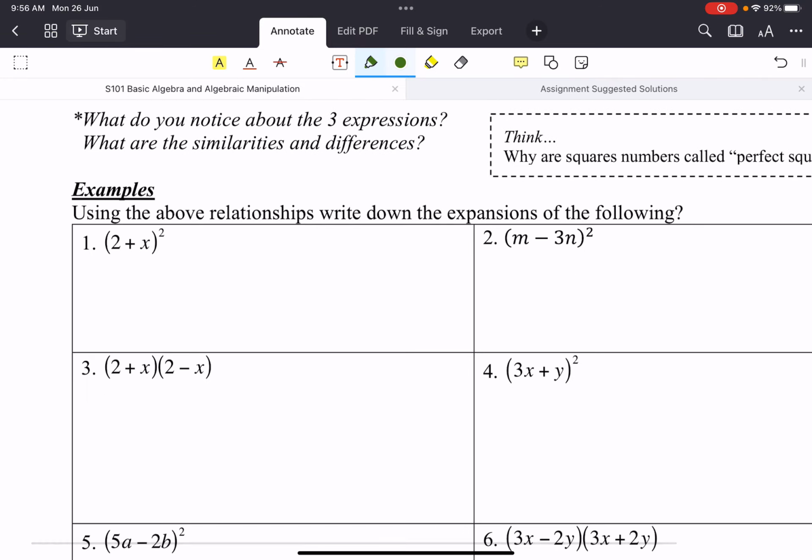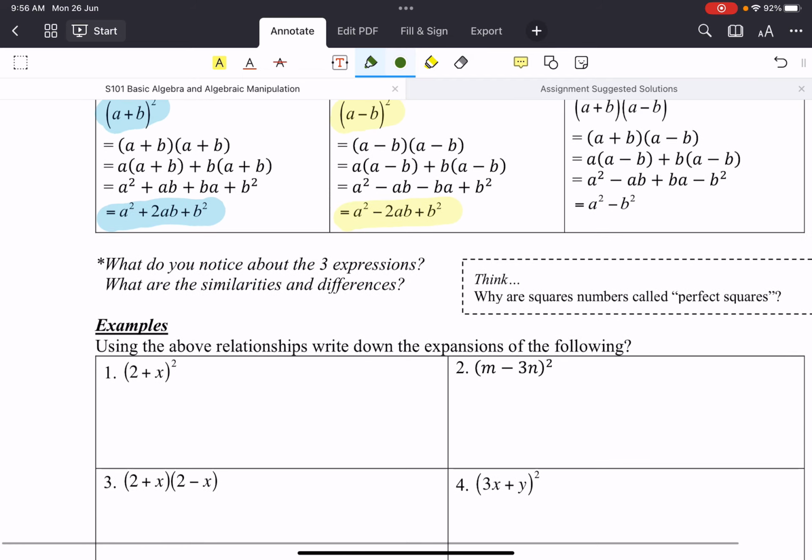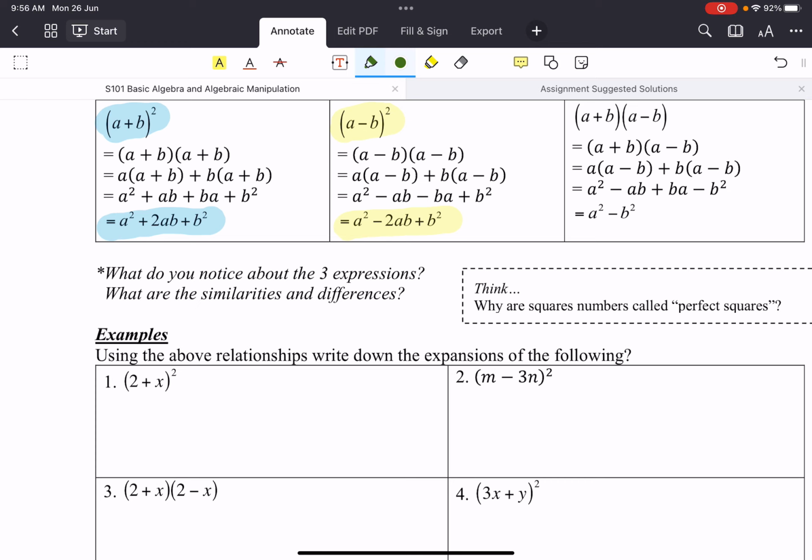So the first one over here, when we have (2 + x) squared, it's a sum of 2 and x. If you look at the blue portion, you can see that they are of the same structure. So what this means is that this could be written as a squared plus 2ab plus b squared, right? So what we do is we identify what is a. In this case, a has the value of 2, so I write it down.